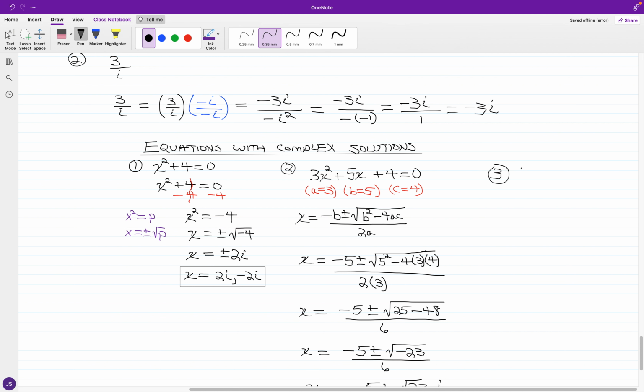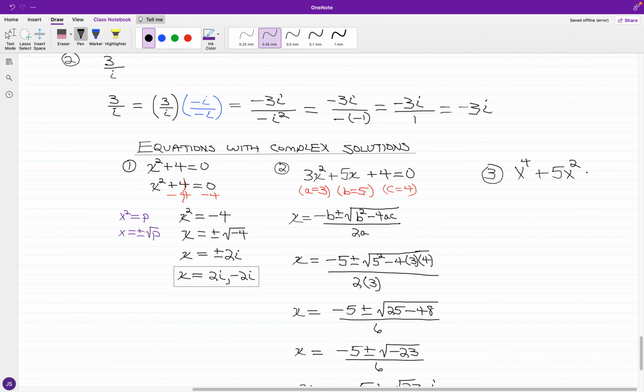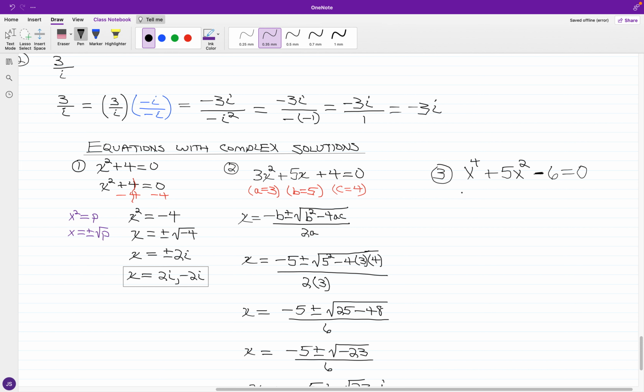If I have like x to the fourth, and we'll say we have plus 5x squared, and we'll say that we have minus 6 is equal to 0. Okay, so for x to the fourth, just as x squared factors out to x and x, this will factor out to x squared and itself.